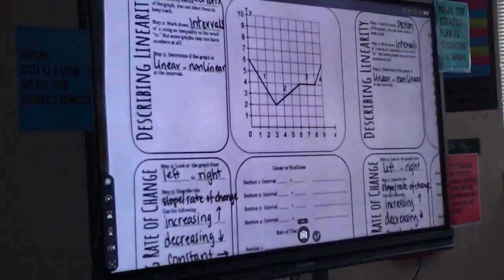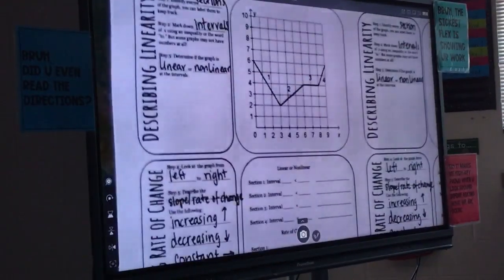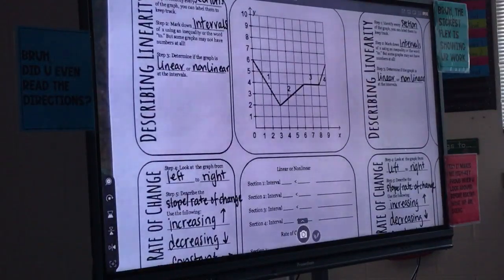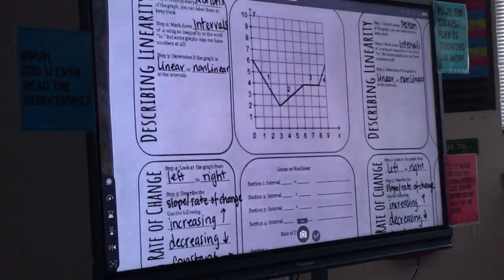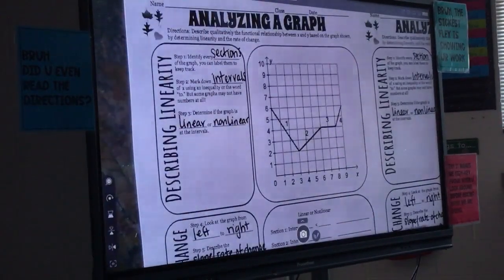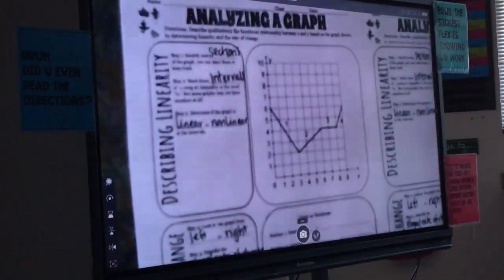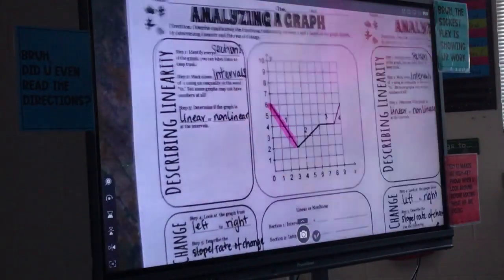So someone help me identify the line or the graph, sorry. Sam. All right, Ariana. Section 1 is decreasing. Okay. Section 2 is increasing. Okay.